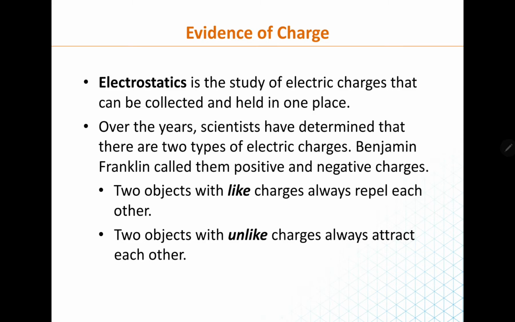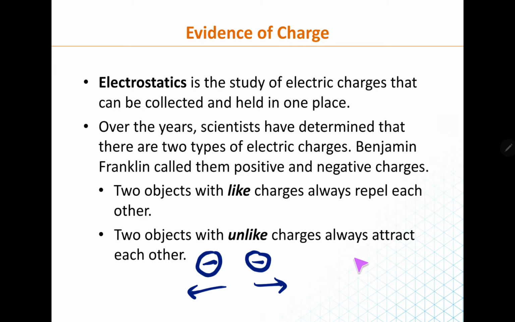What does that mean? We said that we have two kinds of charges. If we have an object with a negative charge near another object that also has a negative charge, the two objects will repel each other. Why? Because two objects with like charges always repel each other.